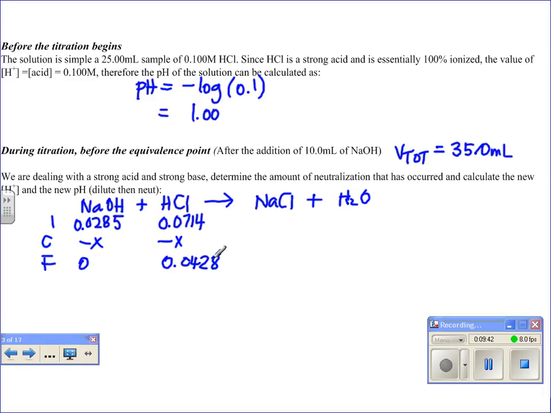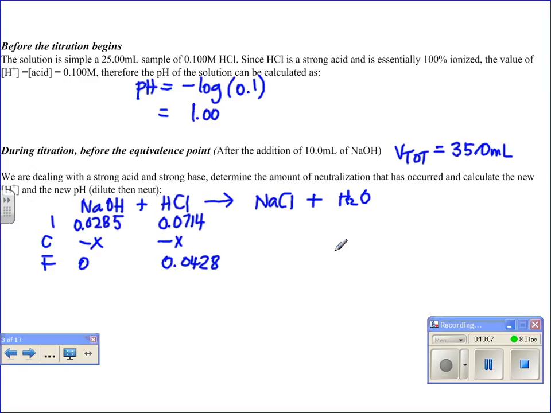When we are dealing with buffers, we would have needed to look at this side of the solution and look at the ions that are put into the solution. But because sodium chloride does not affect the pH and H2O is a pure liquid, it doesn't affect our calculations, so there's no need for us to look at how much NaCl is in the solution.